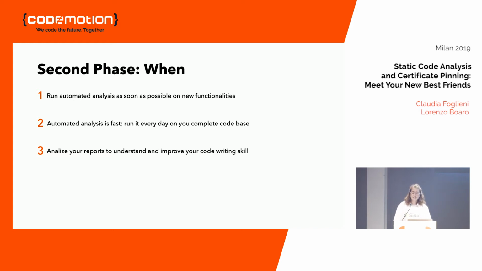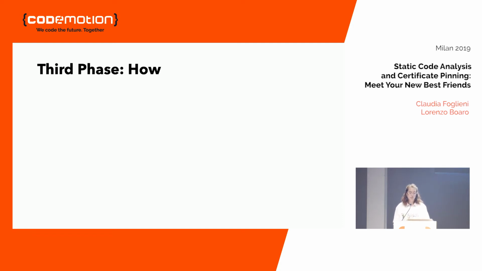The automatic analyses are very fast and allow you to perform a daily check, even on an application whose code base is growing very rapidly. The report generated must be analyzed not only to resolve the reported critical issues, but also to improve the style of the code produced by the whole team and to avoid that the same errors are repeated several times.